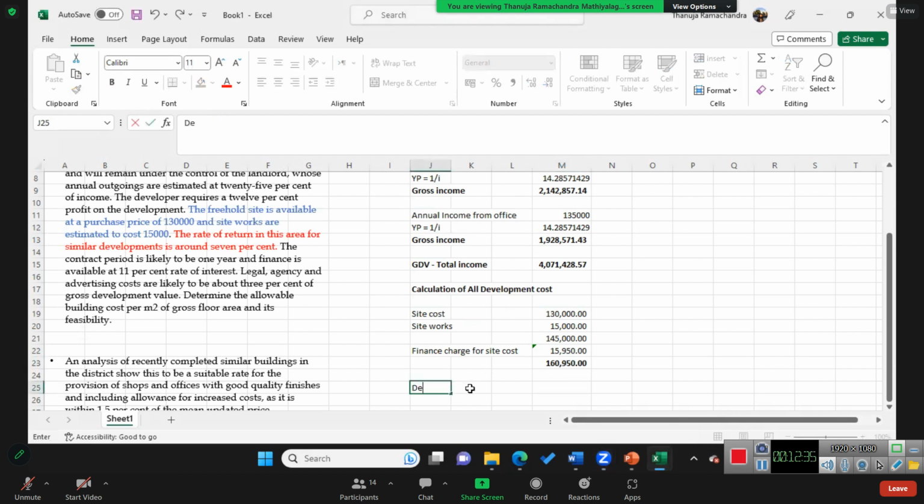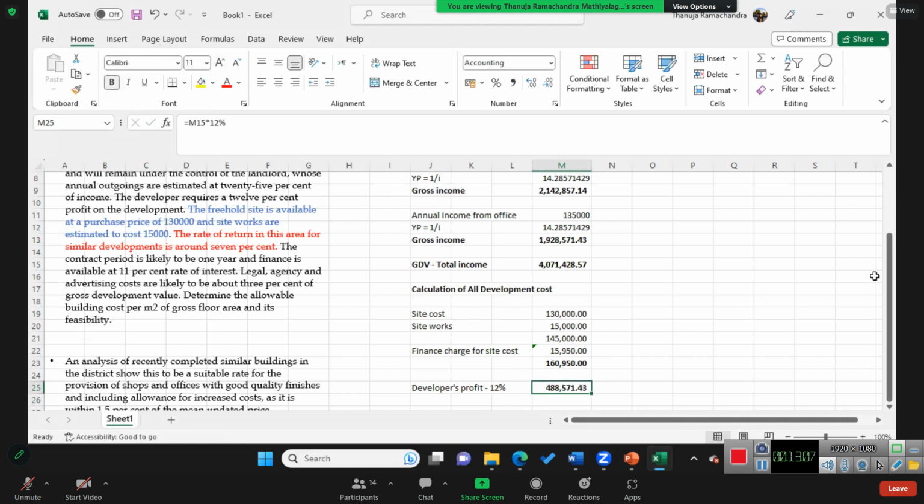So developer's profit. It's just there, so 12%, right? 12% on the development value. So the development value, we have already calculated this, and 12% of that you want as the developer's profit.